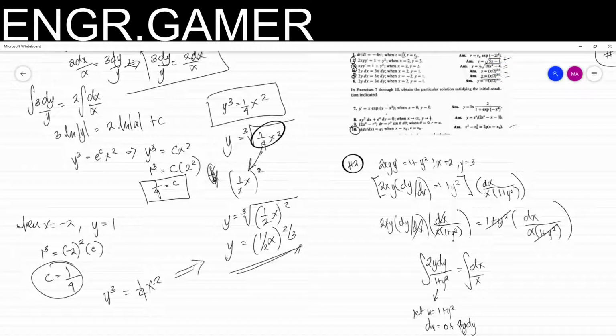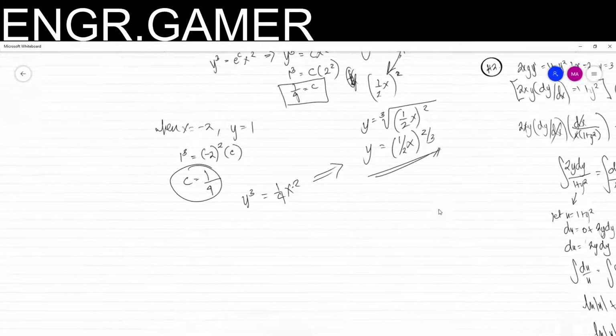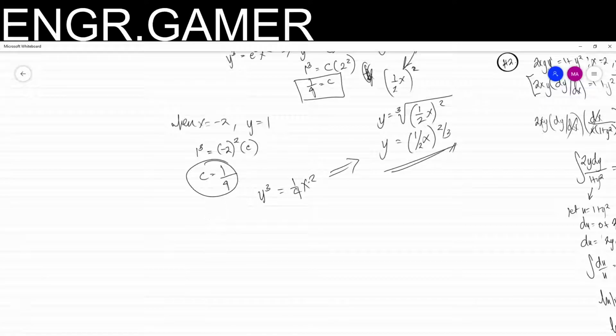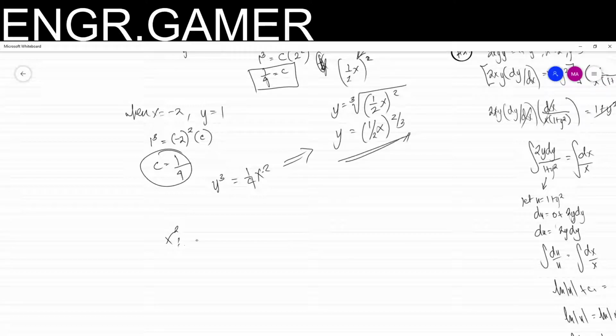Ang lalabas is y is equal to 1/2 x to the power of 2/3. Bakit the same lang? Kasi yung initial yung x natin is naka-squared, no? Positive or negative value is the same. So, for example, we have 2 squared is equal to 4. Negative 2 squared is equal to 4. Okay? So, the same lang yan siya.